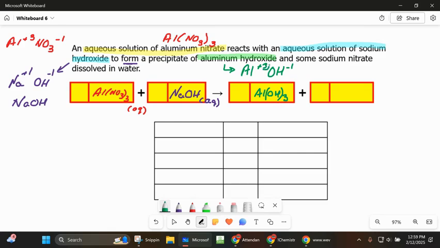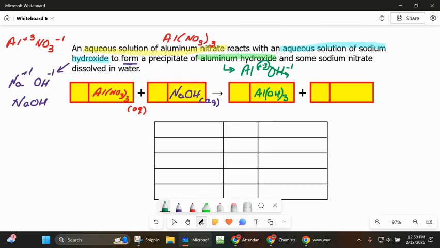If I'm going to take this 3 here and put it down by this OH, it has to go in parentheses. Okay? Now, anybody remember what a precipitate means? Precipitate was one of the 4 signs of a chemical change. A gas released, a change in energy, an unexpected color change, and a precipitate forming were the 4 signs of a chemical change.